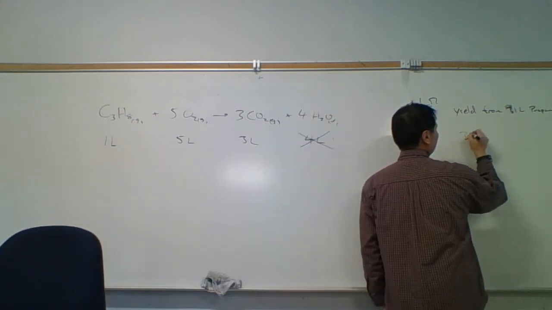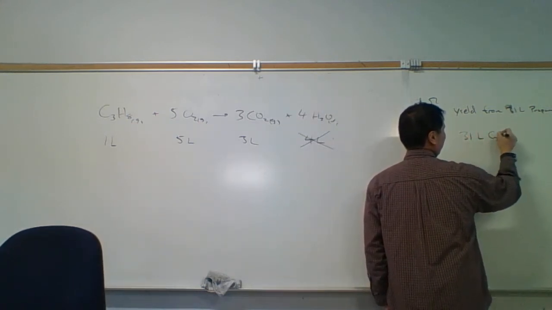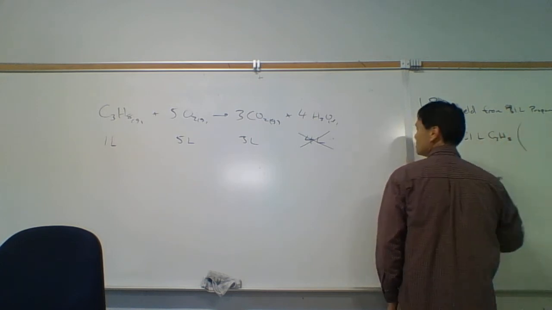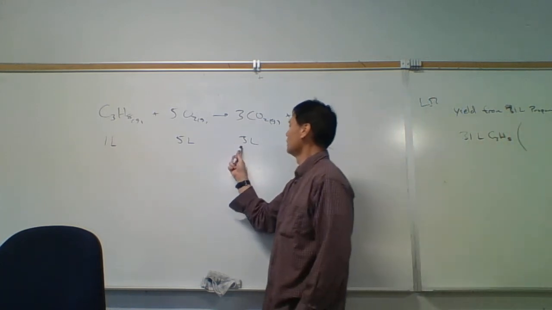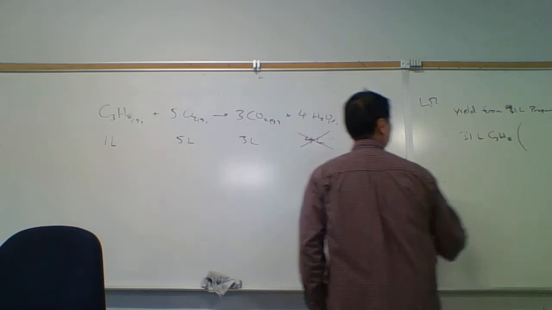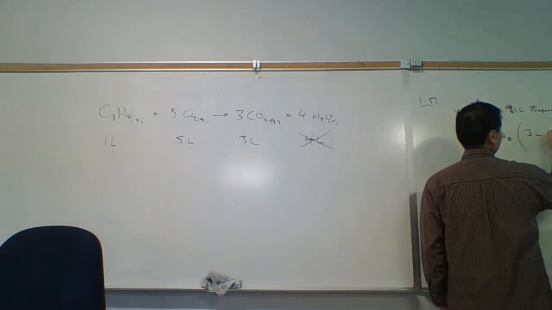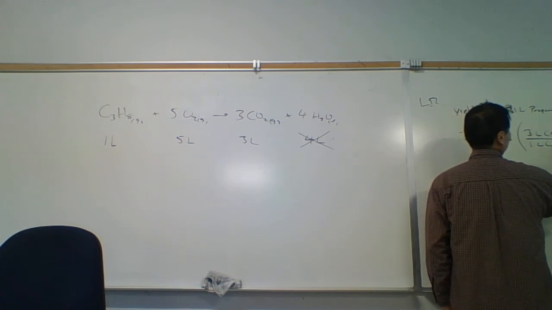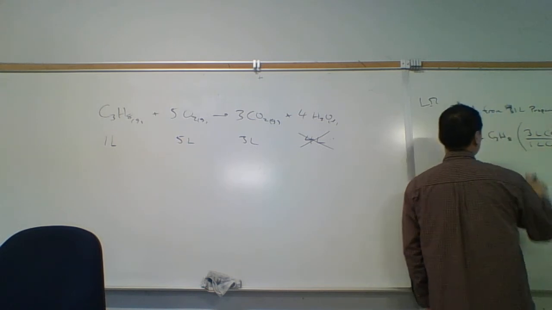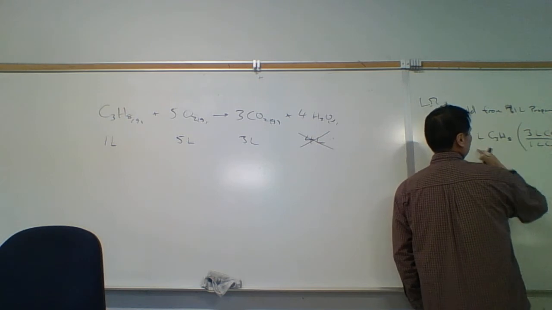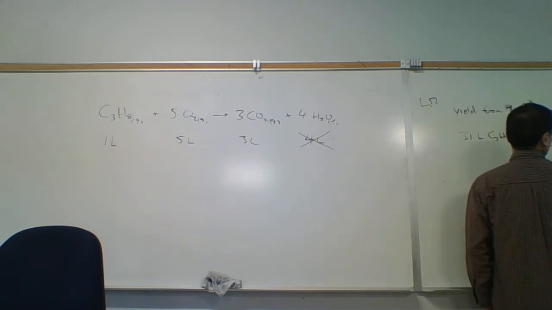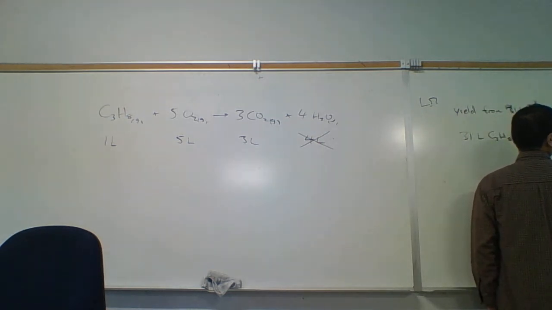So 31 liters of C3H8, and then we'll just use the volume ratio, 3 liters to 1 liter. So this is going to be 3 liters of CO2 for every 1 liter of C3H8. So that's going to give us 93, right? 93 liters of CO2.